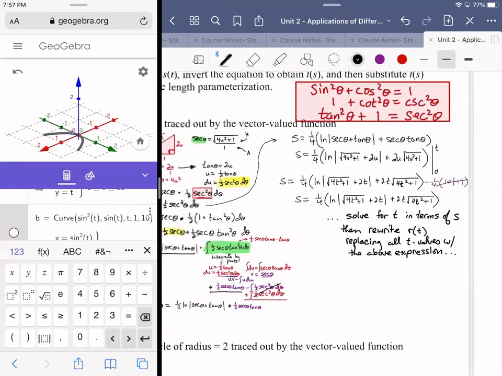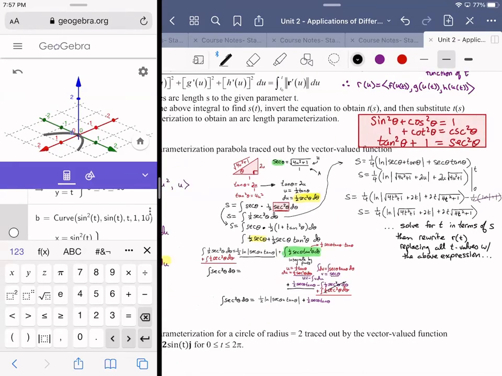So whatever expression you come up with, that's what you would swap in for the t, and that would make what we call the arc length parameterization.